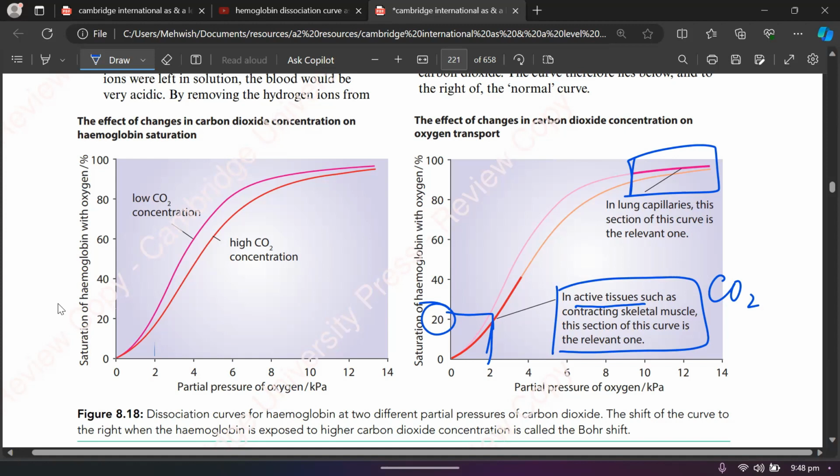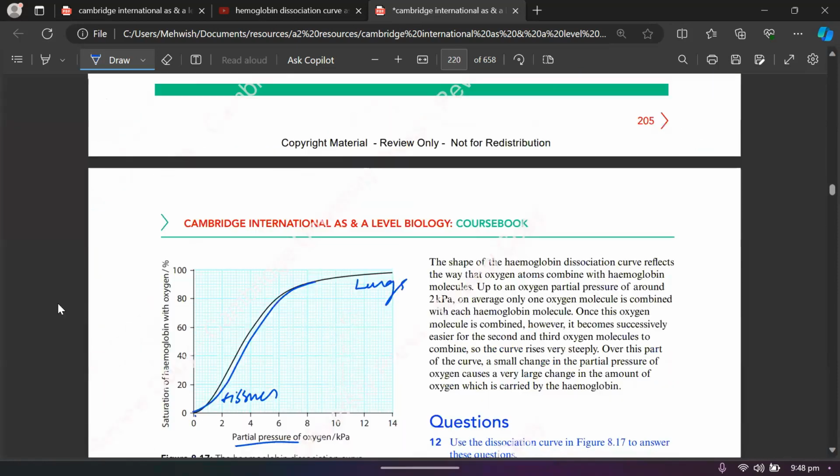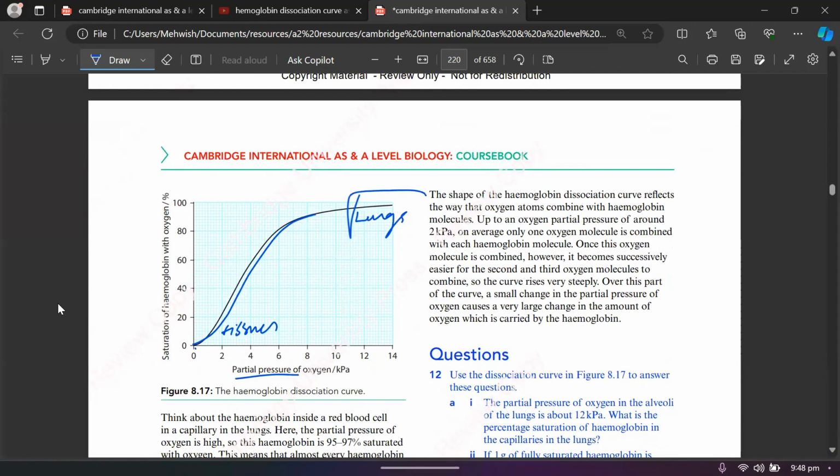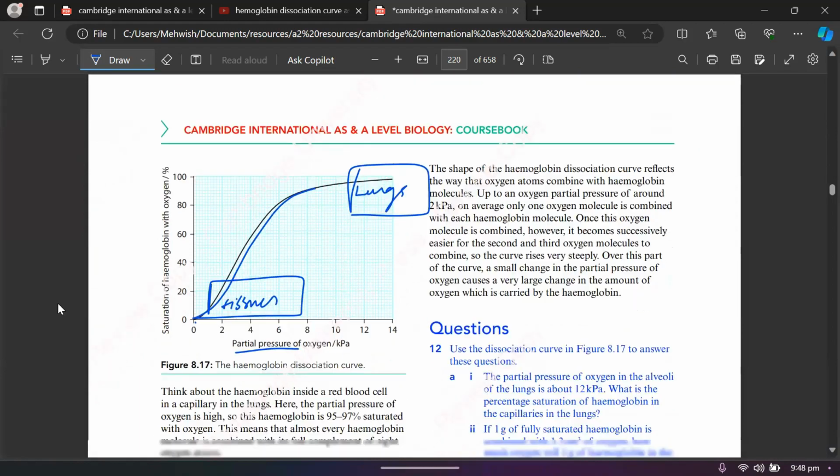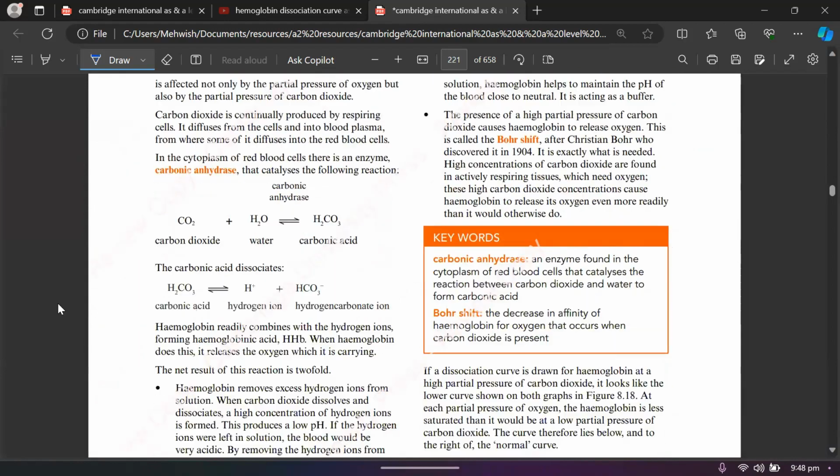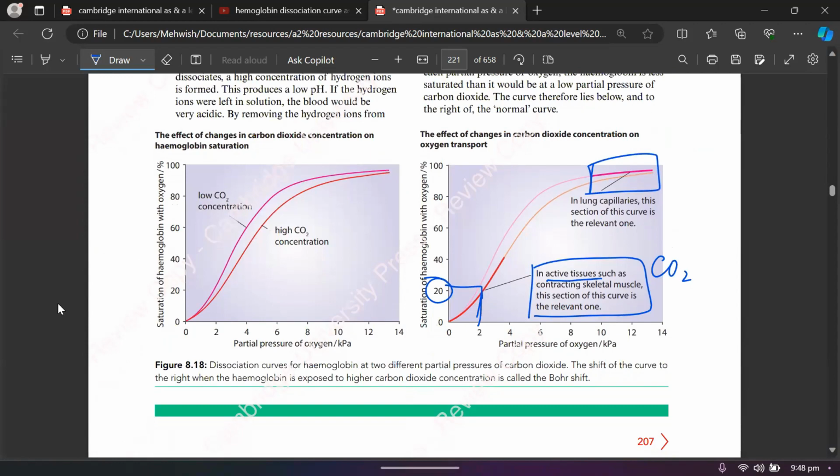They have just shown here what I've shown you: this relevant curve side will be in the lung capillaries and this will be in the respiring tissue. It's the same thing that they have shown you here.